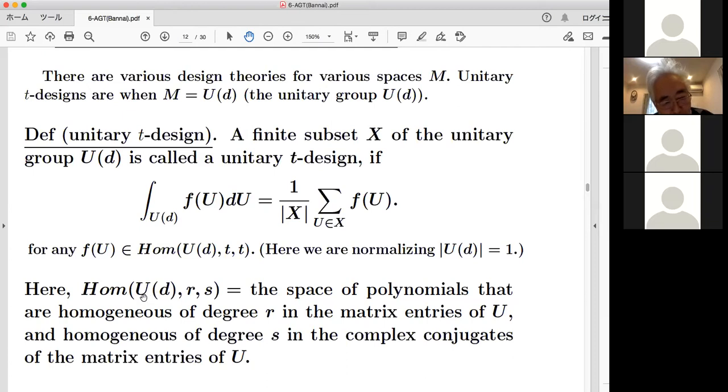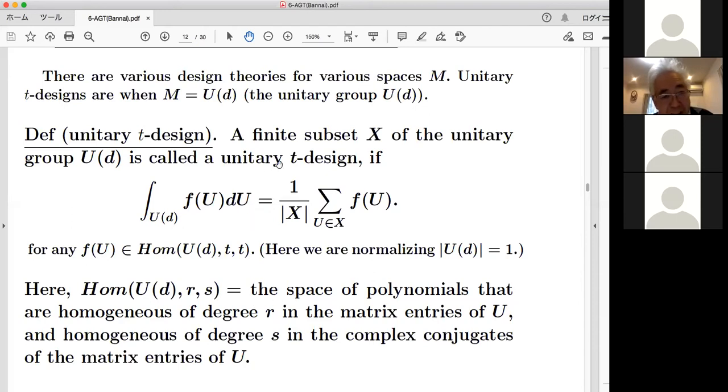Hom(U(d), (r, s)) is the space of polynomials that are homogeneous of degree r in the matrix entries of U, and homogeneous of degree s in the complex conjugate of the matrix entries of U. The U are unitary matrices. And then Hom(U(d), (r, s)) is such a space of polynomials in this sense.